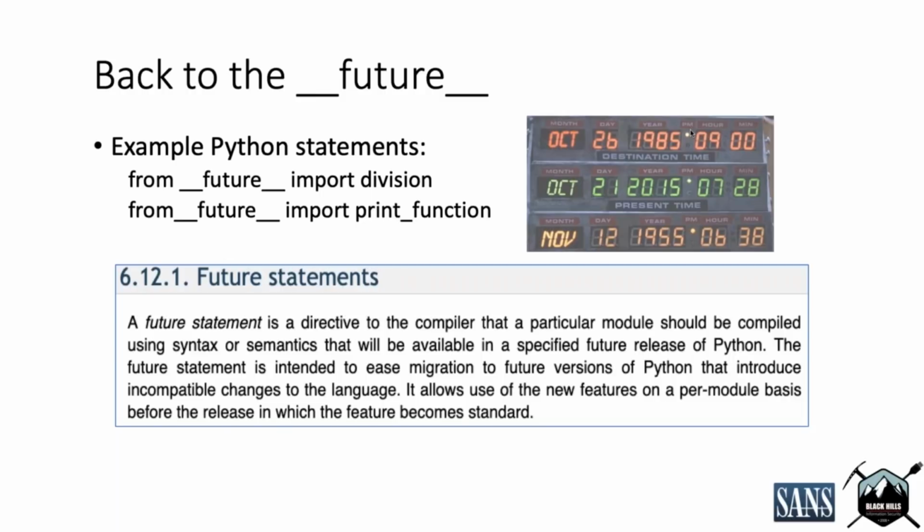So it's a migration feature. The future statement is a migration feature that allows us to program, specifically in this example, in Python 3 syntax within a Python 2 script. A very, very useful feature. We're going to dive into that a little bit as we go through the presentation today.